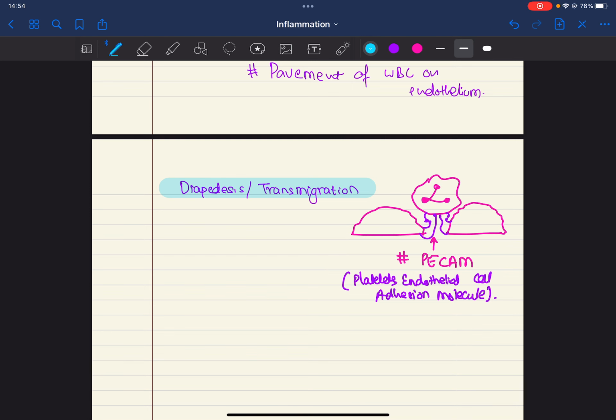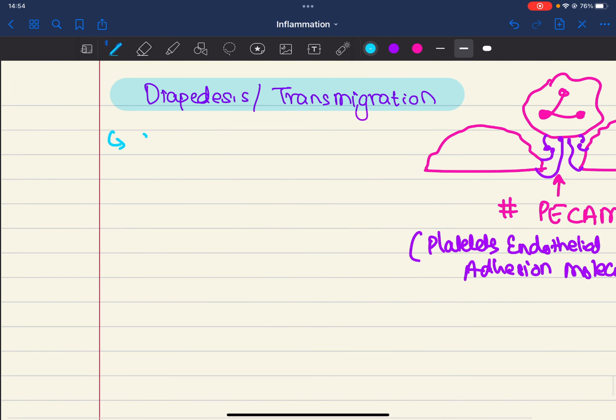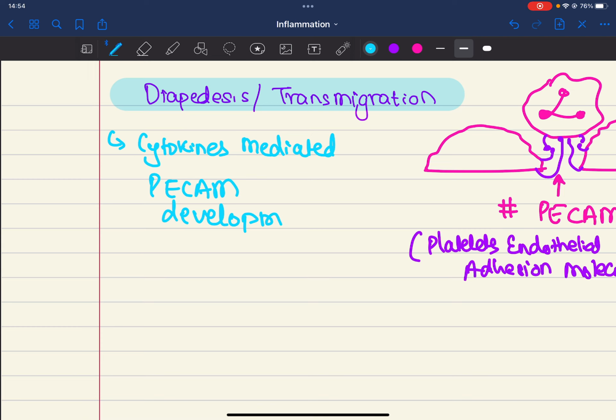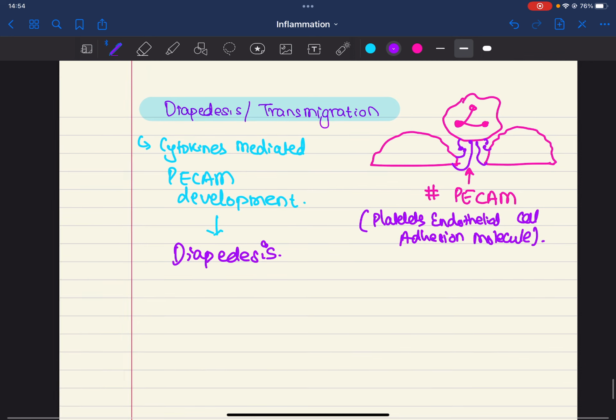These are mediated by cytokines, mediated PECAM development. Now PECAM causes diapedesis.